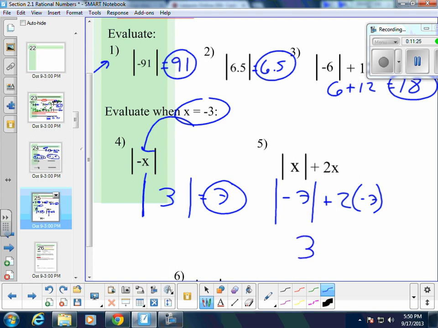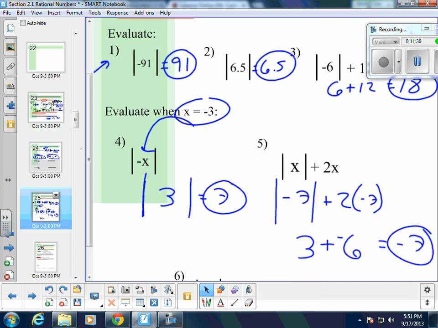So now there's a 3 in my problem, +3 there. And then 2 times -3 would give me -6. 3 plus -6 is going to give me -3. So if there's an absolute value, those lines in the problem, again, kind of like a parenthesis, something you have to deal with probably first before you can move on to other parts of the problem.